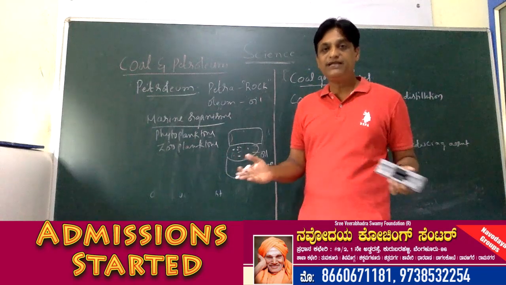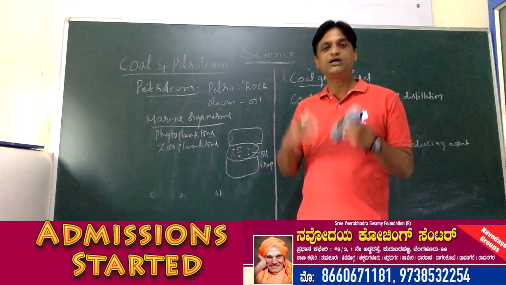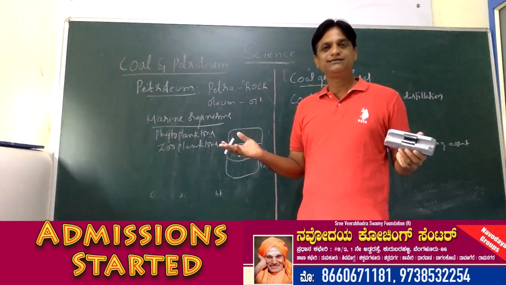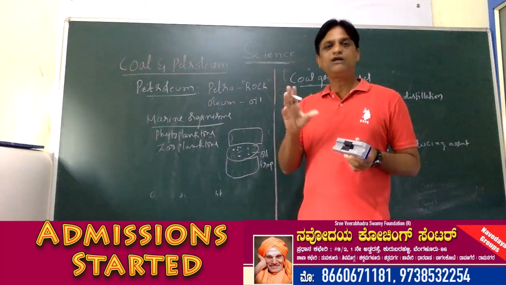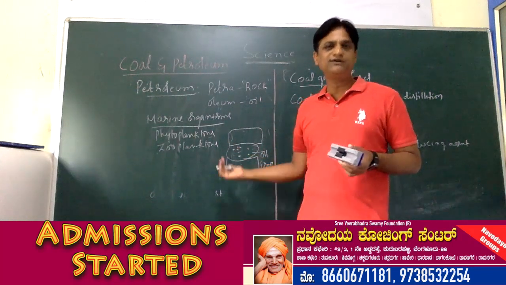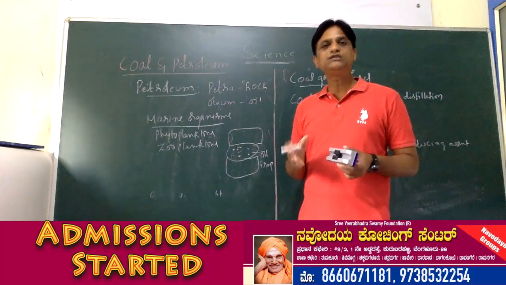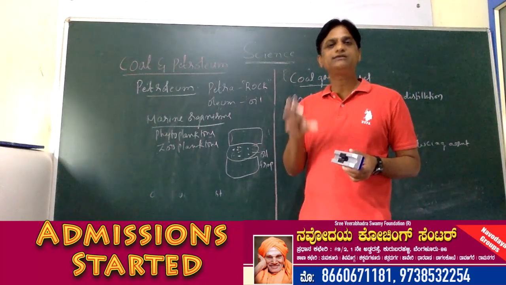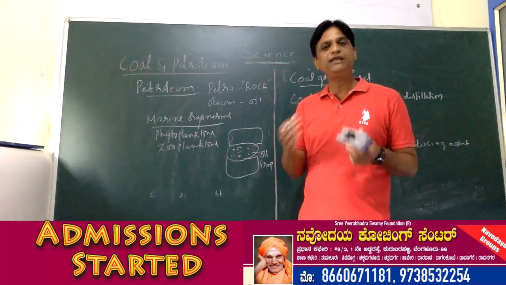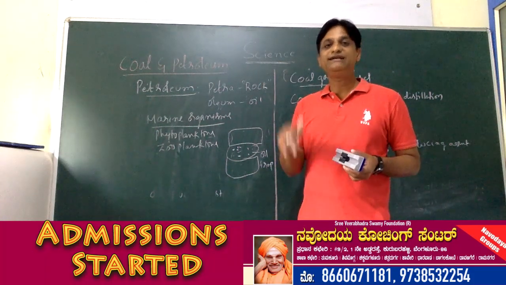So a survey will be conducted, a large survey based on many features, and they will give a report on at what place you can expect the presence of oil traps. Once they come to the conclusion that they will definitely get some petroleum in a particular place, that place is going to be drilled.